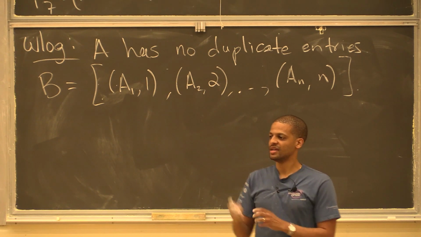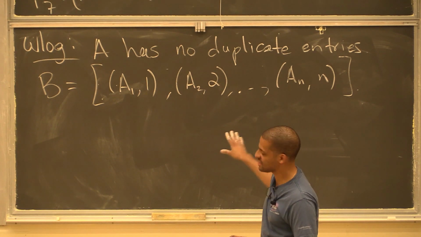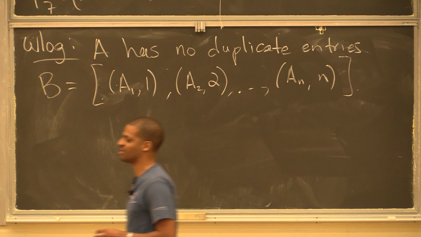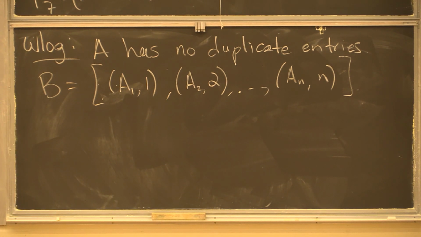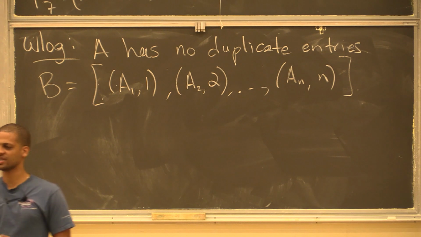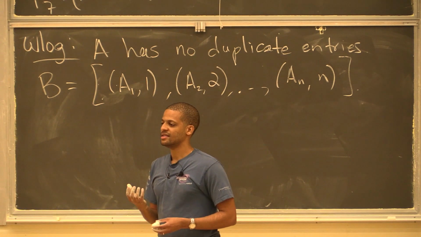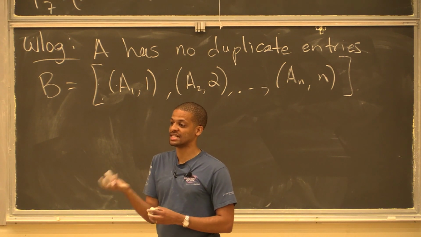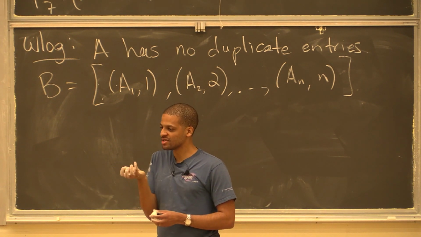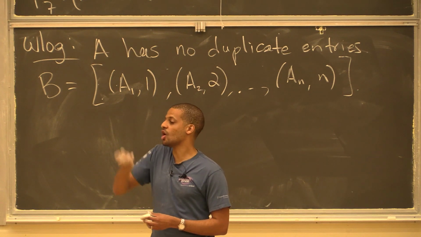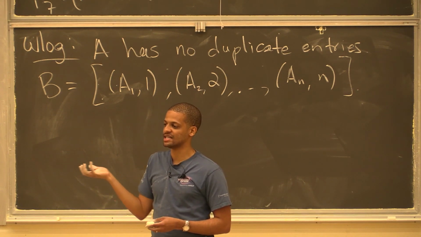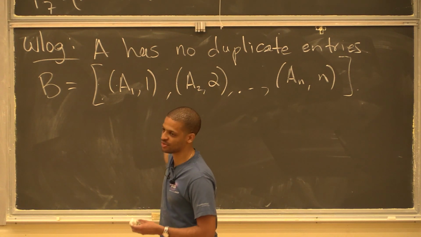So this reduction, and we'll see more about reductions later in the class, especially when we talk about NP hardness, shows the following: if you have an algorithm for select that works in the comparison model, but only when the entries are distinct, I can use that algorithm in a black box way to solve the problem even when the entries aren't promised to be distinct, by doing this transformation.